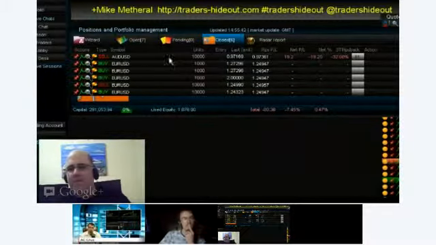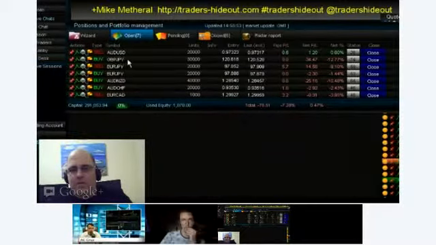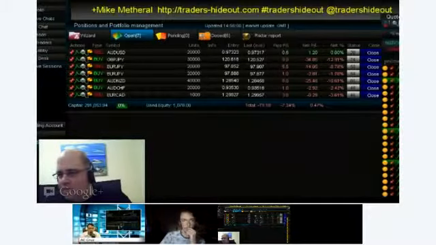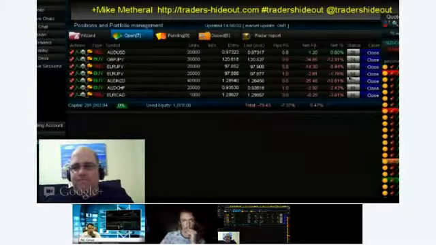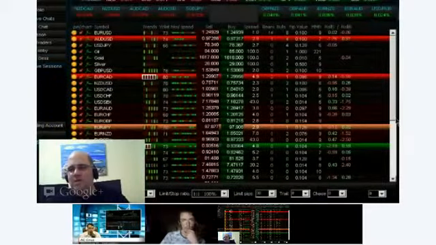Nope. Okay, well, here's our open trades. Here's that Aussie USD. We got our pound yen. Did we actually highlight that one? Notice that at any given time, I can see where my positions are.